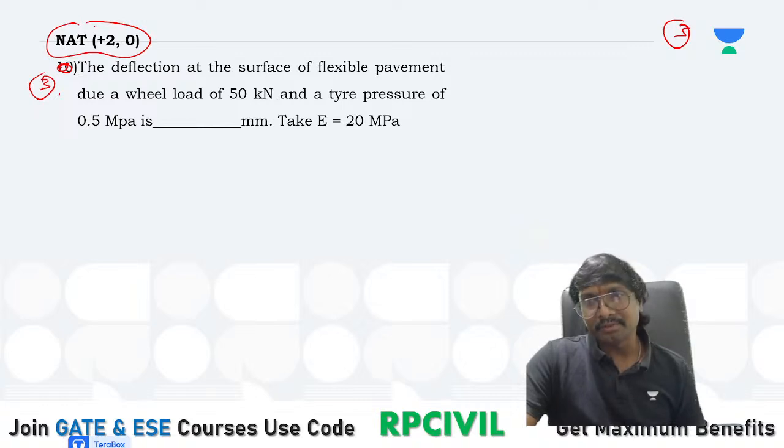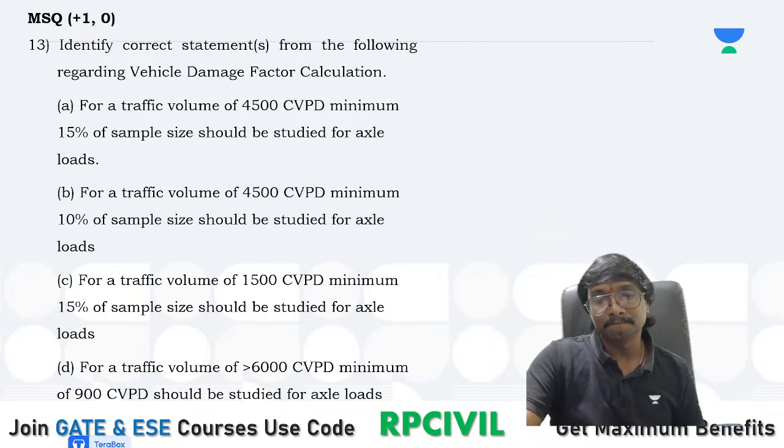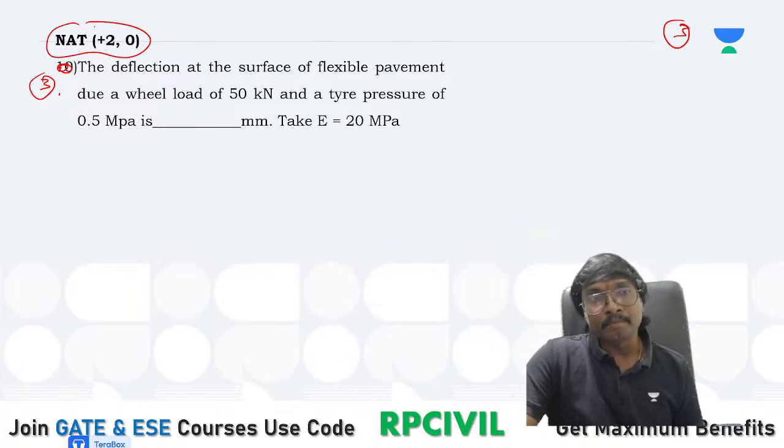Some 5-6 questions we will solve and close this one. Tomorrow again it will be there, rigid pavement. Write this answer. 2 minutes time I am giving.